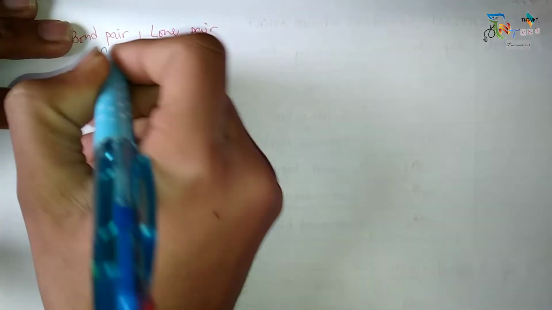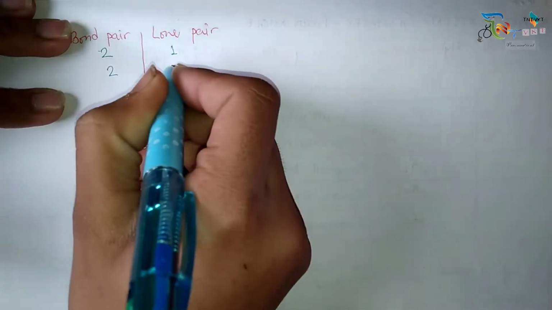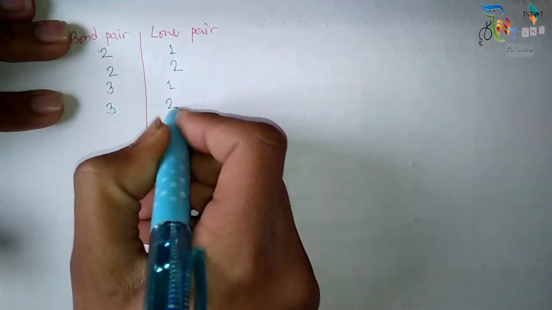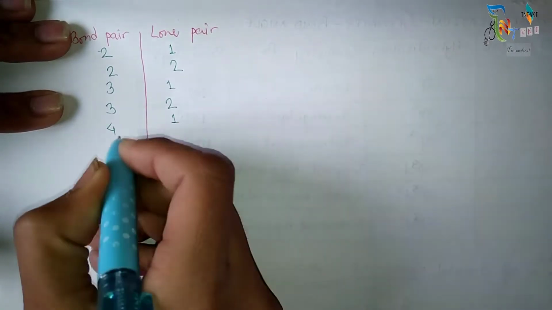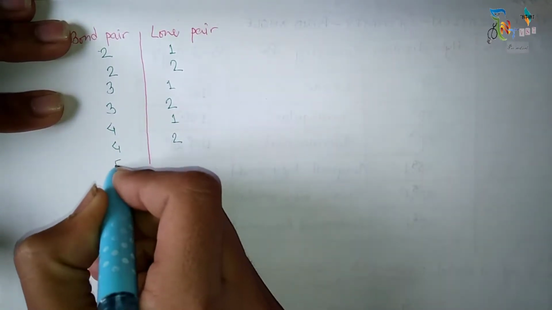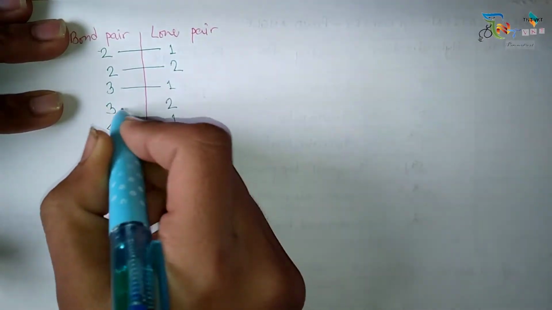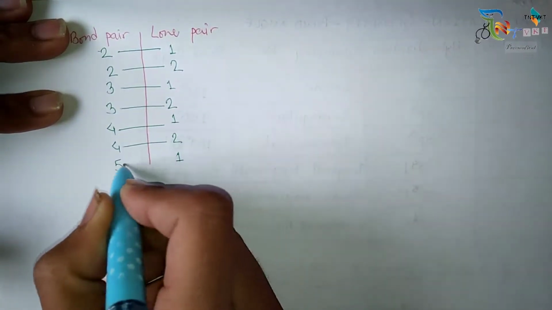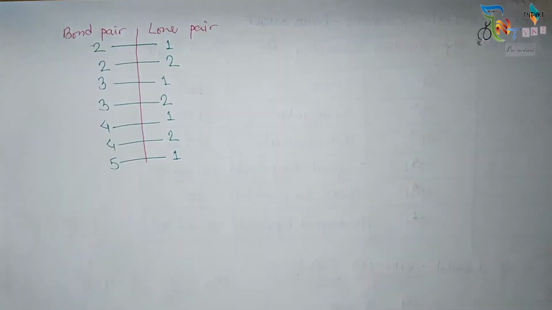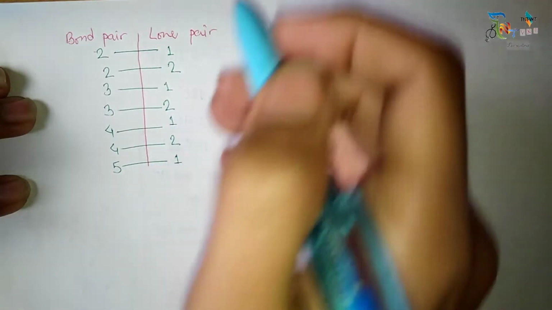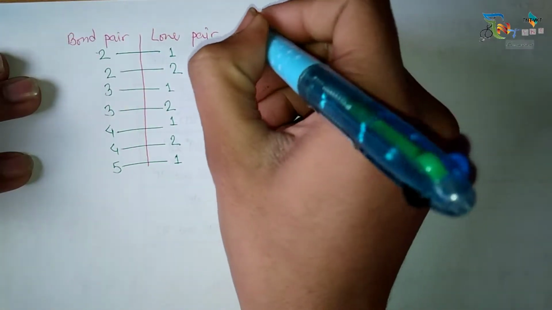Bond pair, lone pair: 2 1, 2 2, 3 1, 3 2, 4 1, 4 2, 5 1. That is, number of bond pairs 2, lone pairs 1. Now we will be talking about geometry.